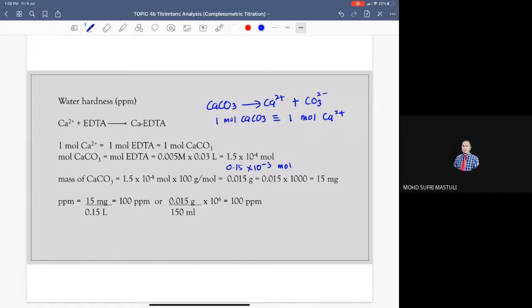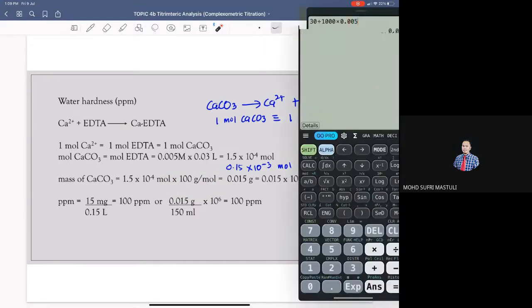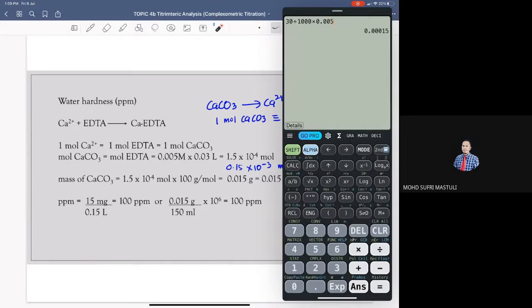All right. From the moles of calcium carbonate, you can calculate the mass of calcium carbonate because the molar mass of calcium carbonate is 100 grams per mole. You can calculate that from the periodic table. Multiply your answer by 100 and you obtain 0.015 gram.